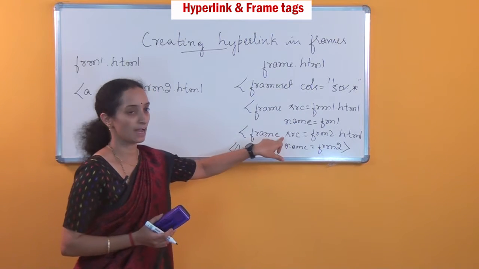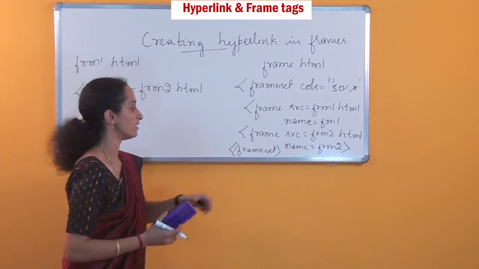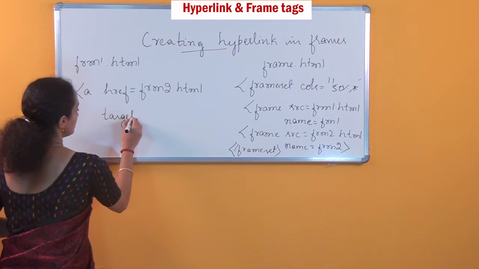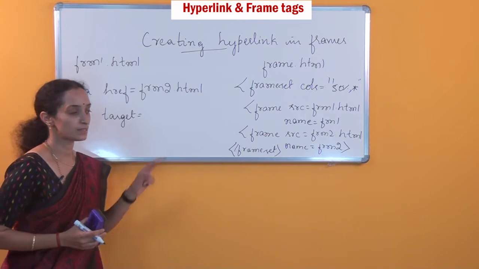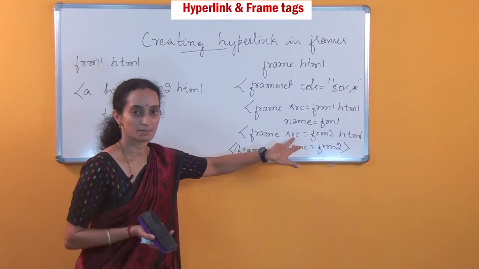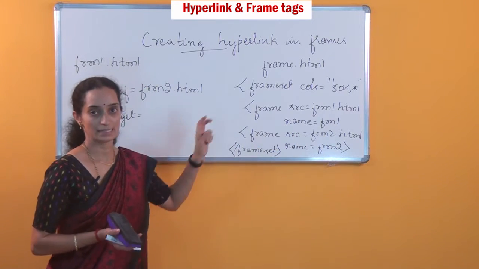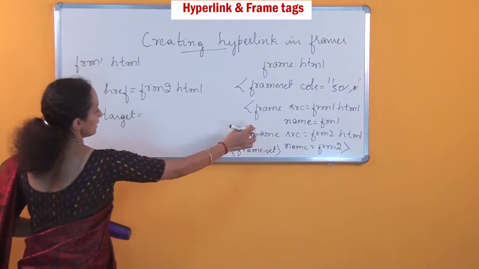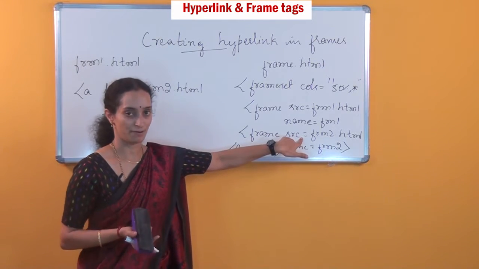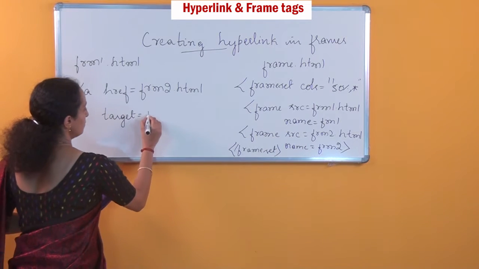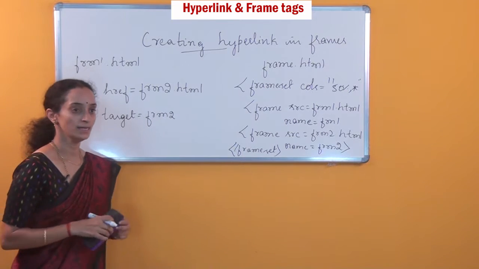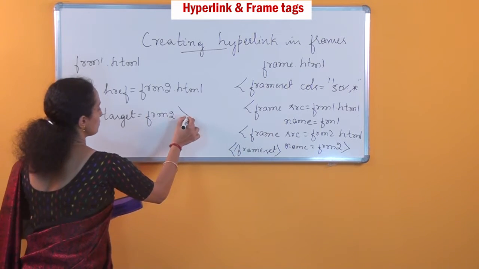From this frame I have to target this one. So I'll use an attribute known as target. This target will target the frame which must display the text in the second column. So here I want to display the content in the second frame, so I'll give the name frame2 in the target.